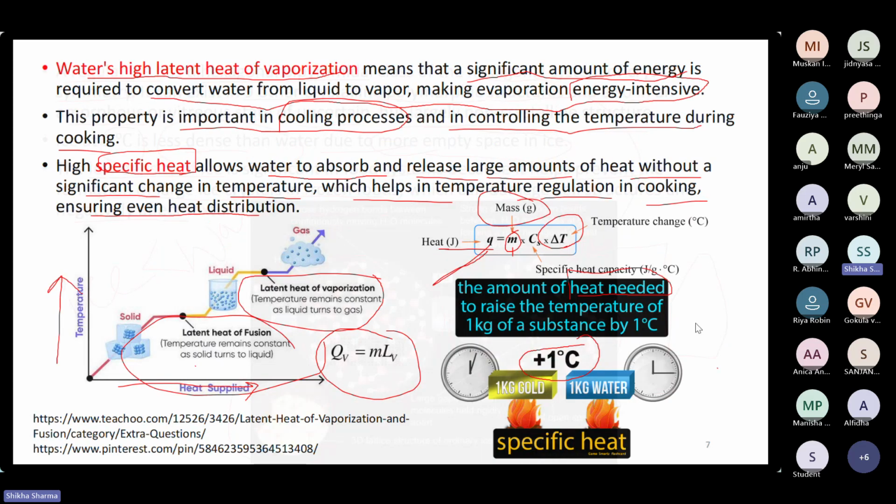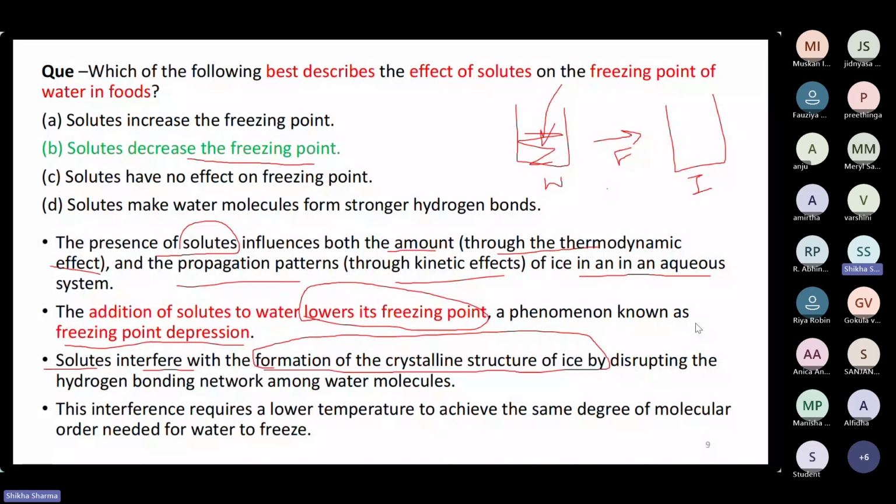When we add the solute, these solute molecules interfere with the crystalline structure of the ice by disrupting the hydrogen bonding network. In ice, we have a hydrogen bonding network through which the water molecules are connected, and solutes are going to disturb that.